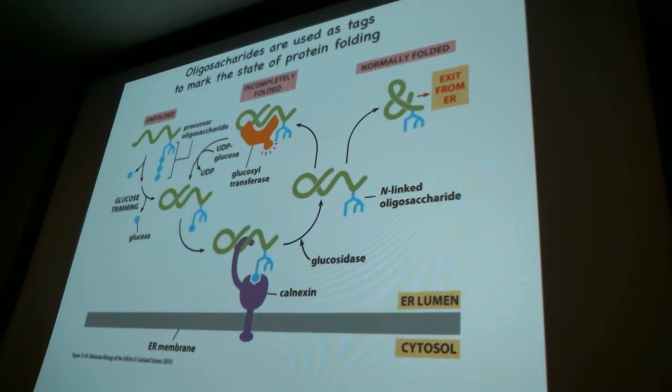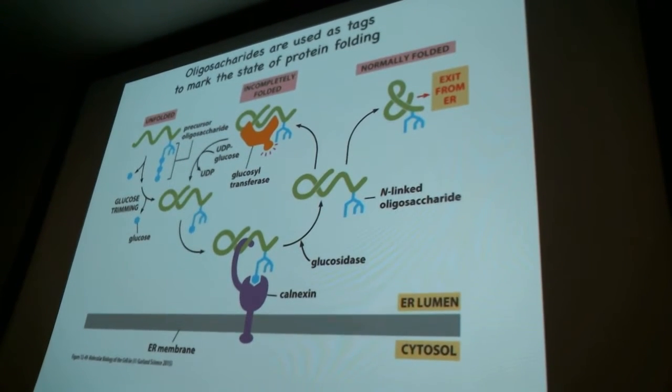It is an enzyme inside the lumen of the ER that can only recognize a protein chain that is incompletely folded. So if it binds back to glucosyltransferase, the glucosyltransferase is going to start again. So it's going to again attach a precursor oligosaccharide to it, and send it back to calnexin.